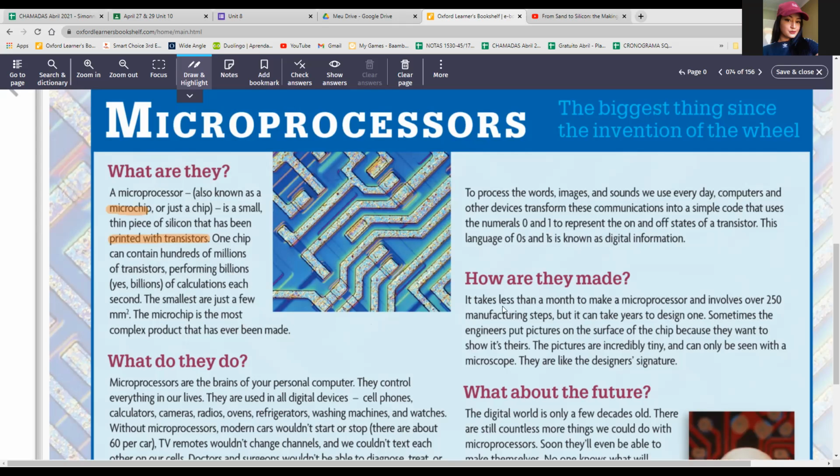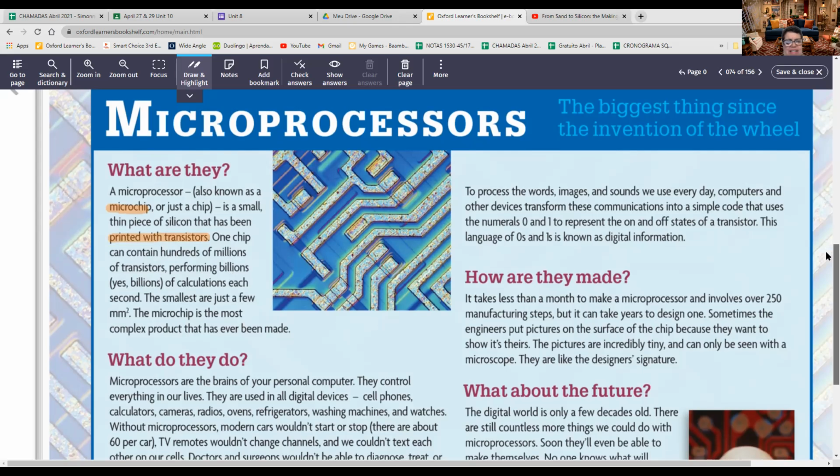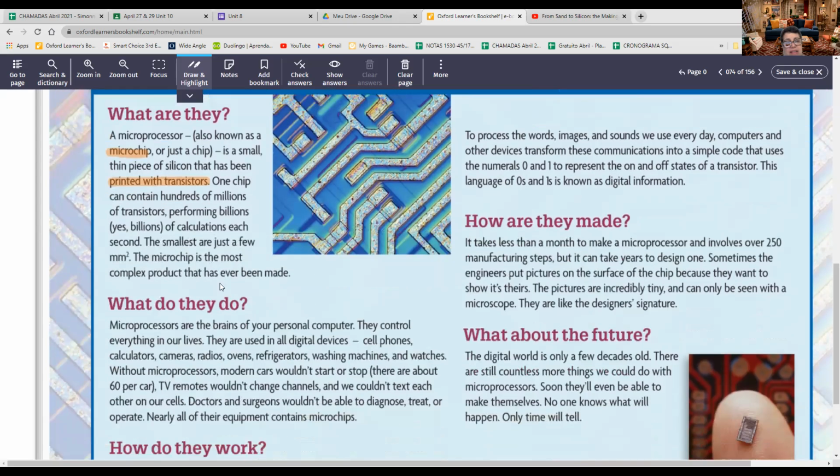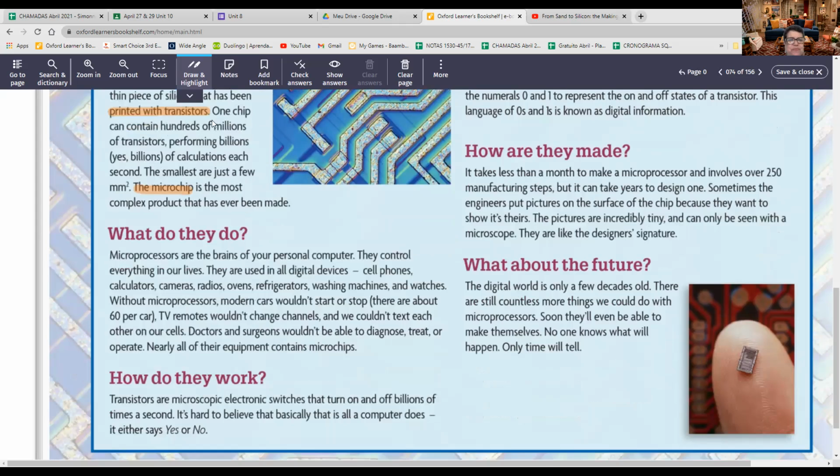Wow. This is shocking, isn't it? And that's why I totally agree. The microchip is the most complex product that has ever been made. I could never create a microchip. Could you create something like this? No. Me neither. This is so complex, so complicated.